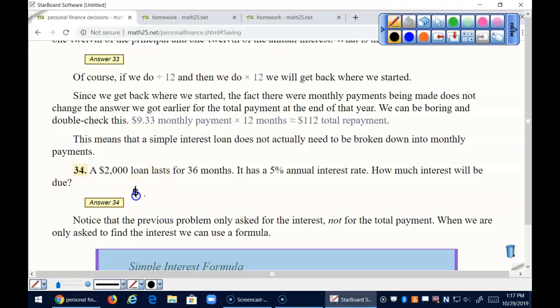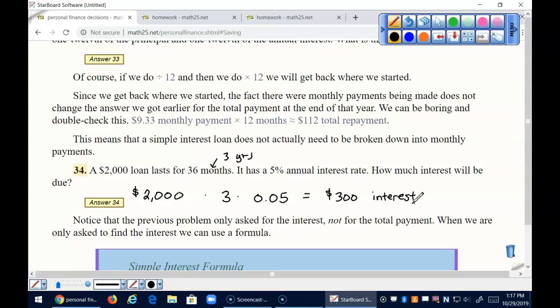Then we can just say that we have the 2000, and we're going to multiply it by 36 months, so that's 3 years, times that 0.05. So we have $300 of interest. 100 for each year. How much we'd pay back at the end, we'd have to add on the 2000 again. I'm skipping that.